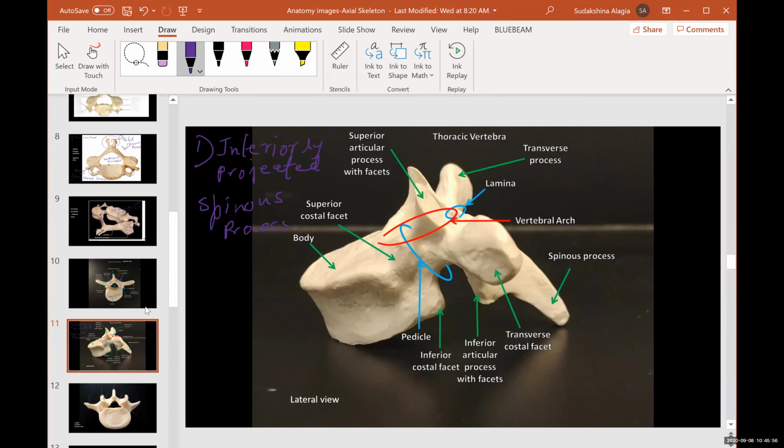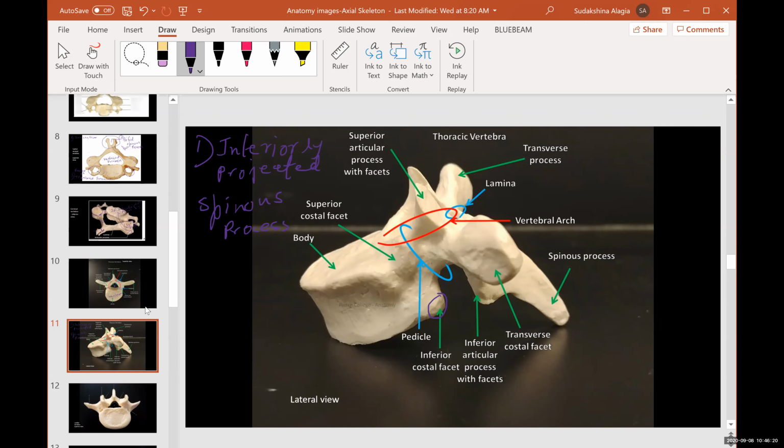Another feature is when we look at the centrum, because each thoracic vertebra articulates with ribs. So on each inferior aspect of the centrum, on the left and the right, we'll see a facet, a cut.